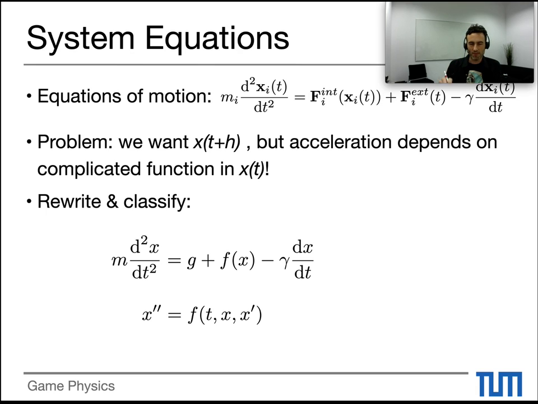And this f now internally bundles up all this behavior from before. And now you can actually see the structure here. We have a differential equation, we have derivatives of our position, but they're all with respect to time, just with different orders. And that is what's typically called an ordinary differential equation, or in short ODE.